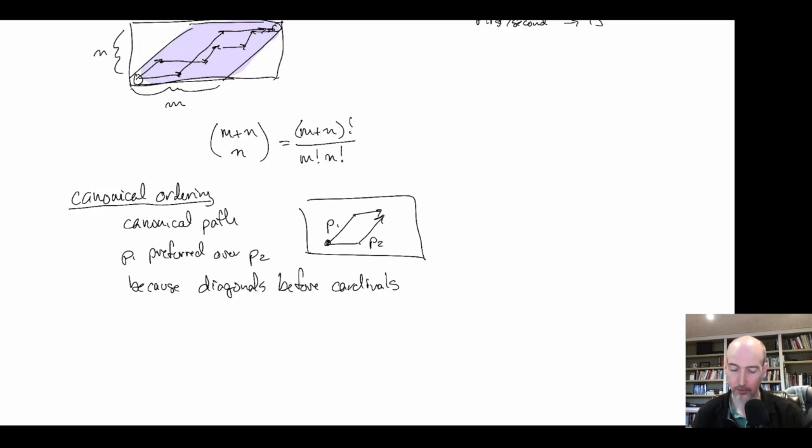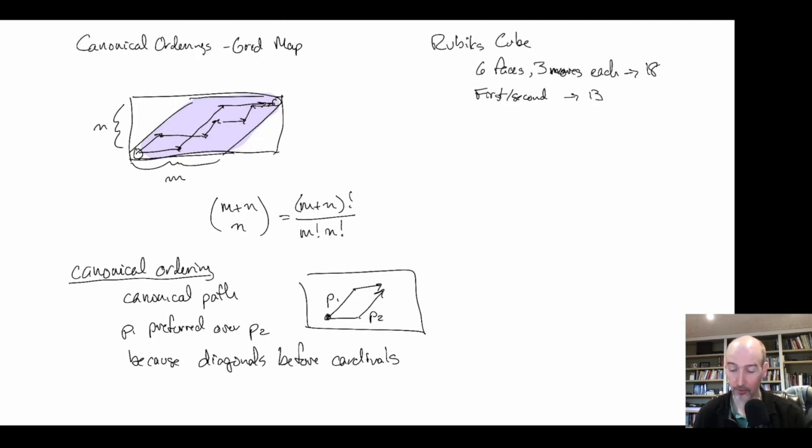Okay, so this is what a canonical ordering would be from all these sets of different paths. I'm going to choose an ordering of operators, the canonical ordering of operators, which meets some criteria which we're going to define in a maximal way or minimal way, in some relation. In this case, we're saying we want diagonal actions before cardinal actions, but there's nothing set in stone about that.